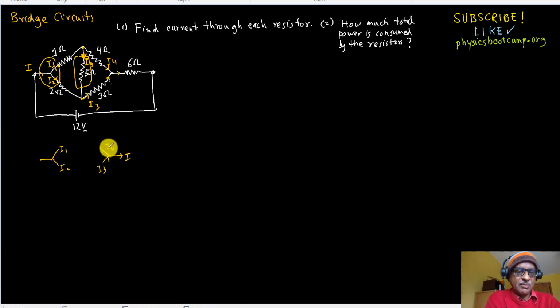It's still I. So this is not a parallel circuit. If it were parallel, then over here it would be I1 and I2 again. But it's not parallel, so it is something else.